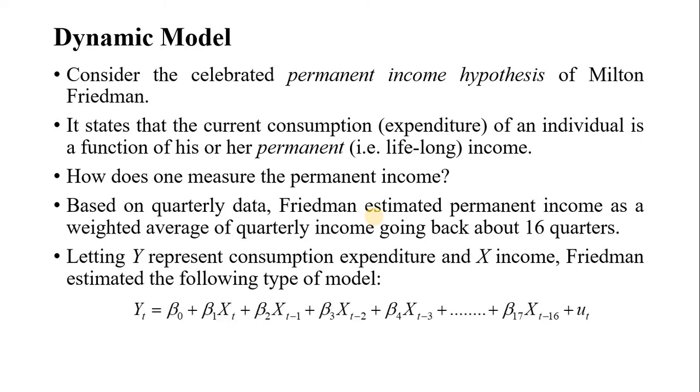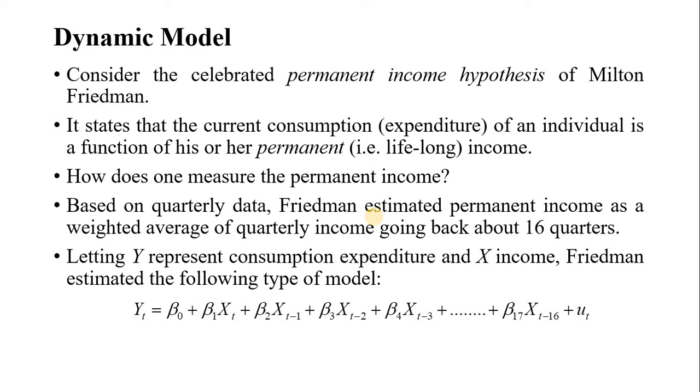Friedman has a model where consumption depends on current income, previous first quarter income, second quarter income, third quarter income, up to 16 quarters of income.